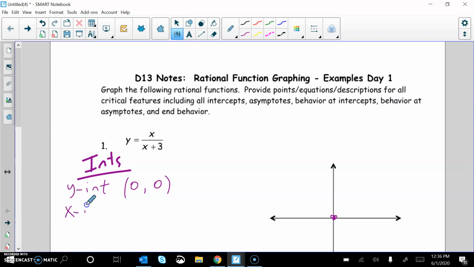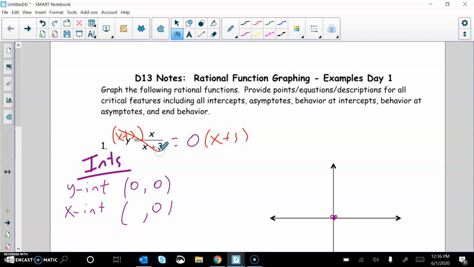X-intercept. So that's when you set it equal to 0 and solve. So I set this function equal to 0. So it's when this is 0, I want to find the x. And we start solving these. Step 1 is always going to be to multiply your denominator out.